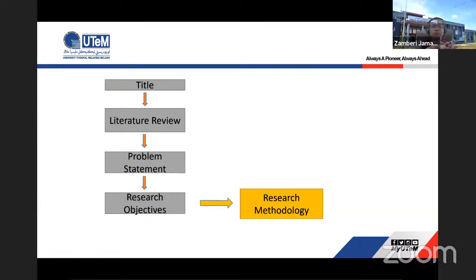That's why in our problem statement, we have the literature review, some of the important papers and journals that we cited, to strengthen our point that this is the area of work that requires further work, more improvement. That's where we got our research objective.